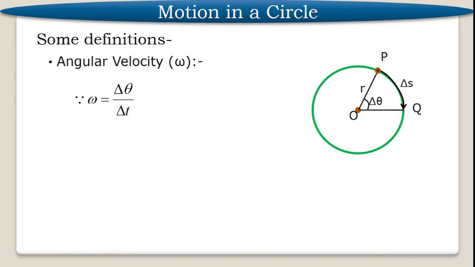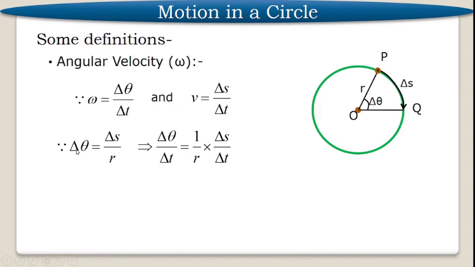Let us see another relation. Since omega is equal to del theta by del t and v is equal to del s by del t, where v is the linear velocity, and del theta is equal to del s by r, which we have already seen.